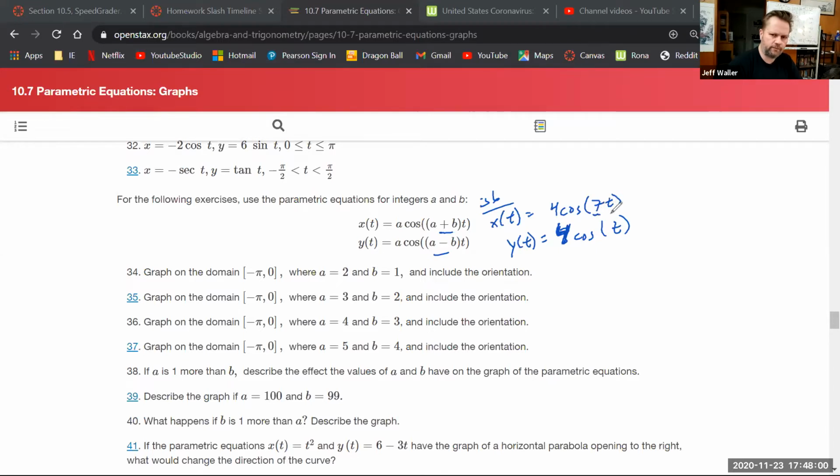You're going to have more in your table, because what would that 7 do? Your period becomes what? It goes through a whole cycle this quickly, right?